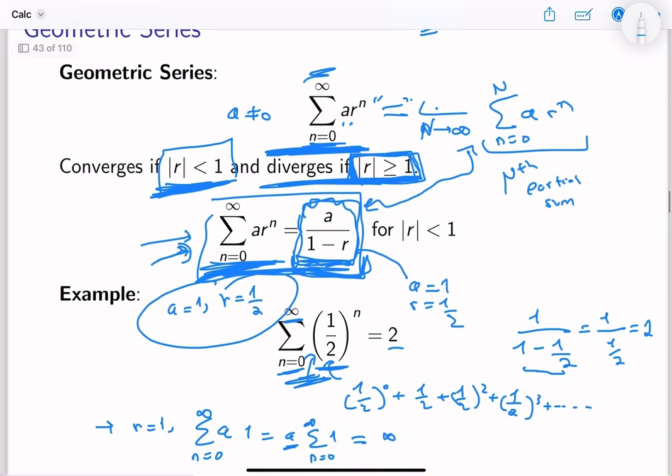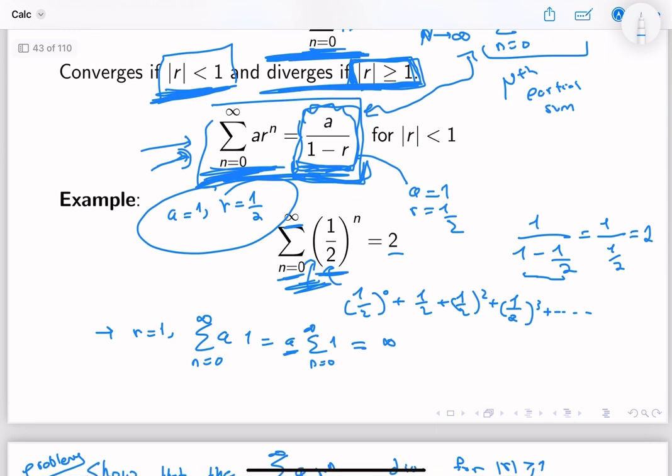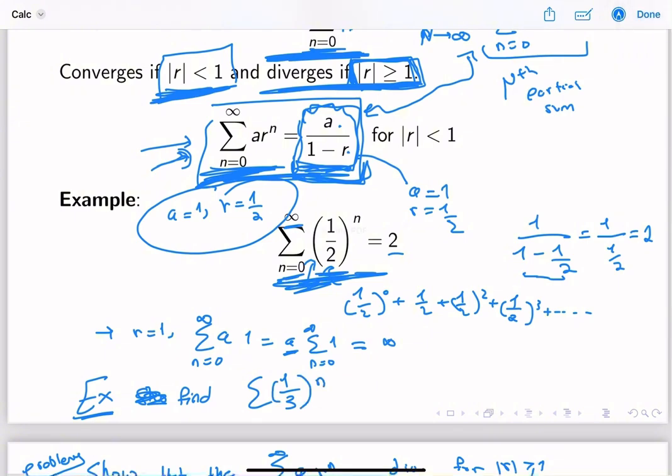So as an exercise for you, just as I showed you why the limit of this, 1 over 2 to the n, is equal to 2, because I plugged the a and r here, as an exercise for you, find the sum of 1 over 3 to the n from n equals 0 to infinity.